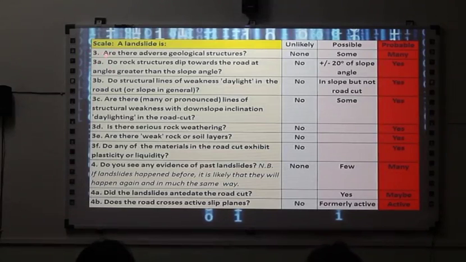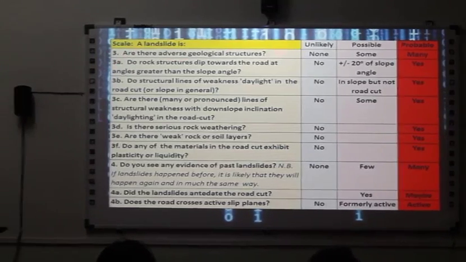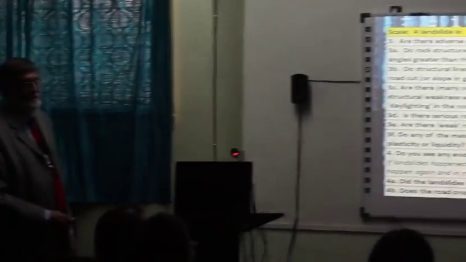These are things we looked at in the field. Are there adverse geological structures? If the rock is massive and any weaknesses are tipping into the hillside, you're probably not going to have much problem. But in situations like yesterday, where there are loads of lines of weaknesses, the rock's very fractured, yep. Do rock structures dip towards the road at angles greater than the slope angle?